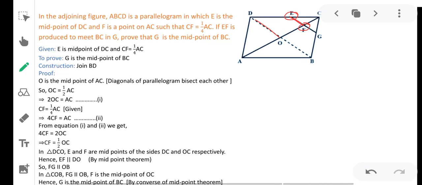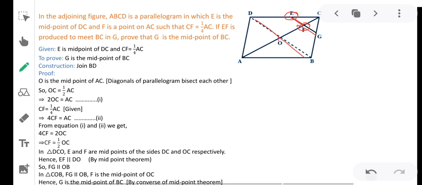So if EF parallel to DO by midpoint theorem, then we can write FG parallel to OB. Clear? If EF parallel to DO, then FG will also be parallel to OB.